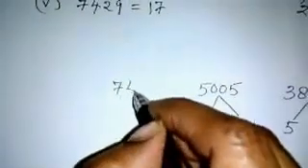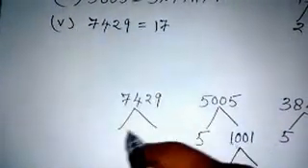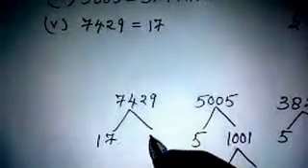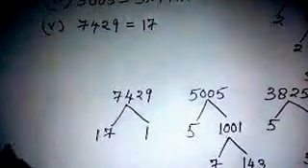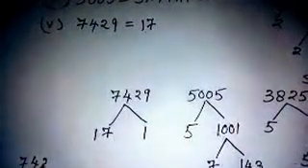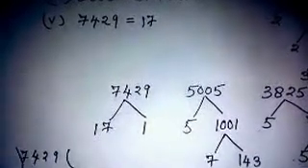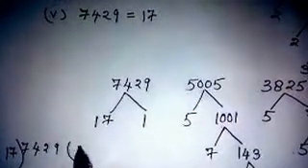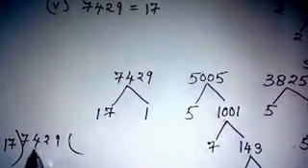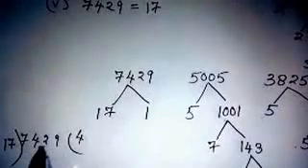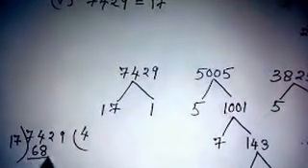So this is 7429 divided by 17. Let's divide now. 5 times won't work. Let's try 4. 4 sevens are 28, 17 fours are 68.